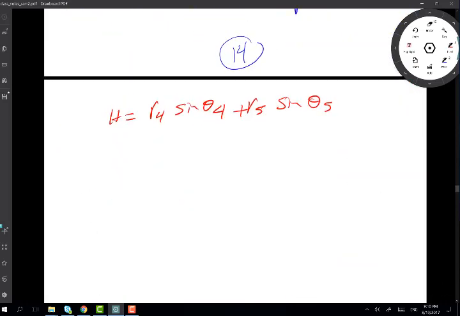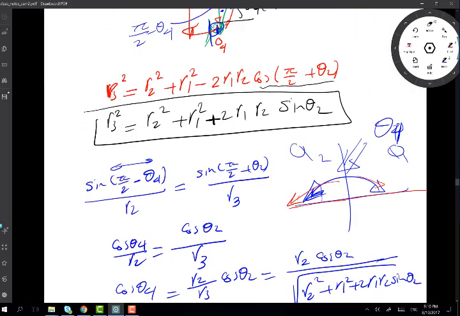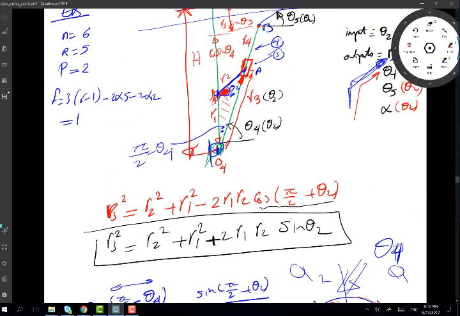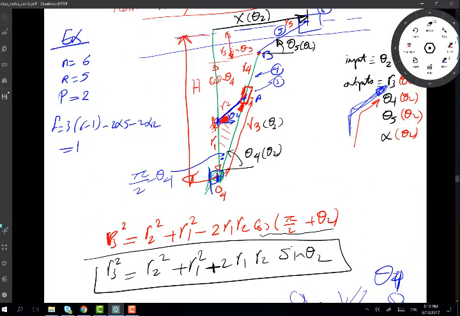So you can say sine theta 5 is equal to h minus R4 sine theta 4 over R5. And this should be an okay expression for theta 5, because if you do sine minus 1, you get it, because I expect theta 5 to be in the first quadrant with this sort of design. So sine should produce the value for me.